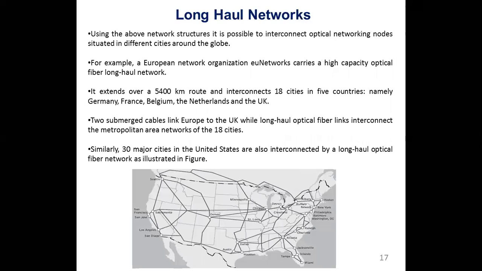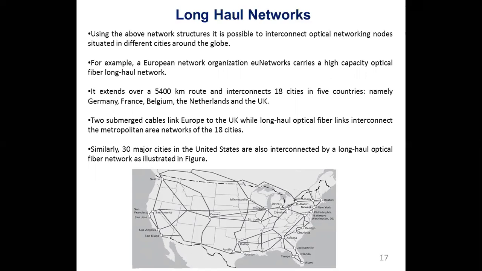So this is an example of a long haul network, the NSFNET, which is used in North America, United States, and using this core or backbone network, it is possible to interconnect optical nodes which are situated in different cities. So you have the European organization's network, or GÉANT, which is going to carry a high capacity optical network. And just for an example, it is 5,400 kilometers long, and it will interconnect about 18 cities.